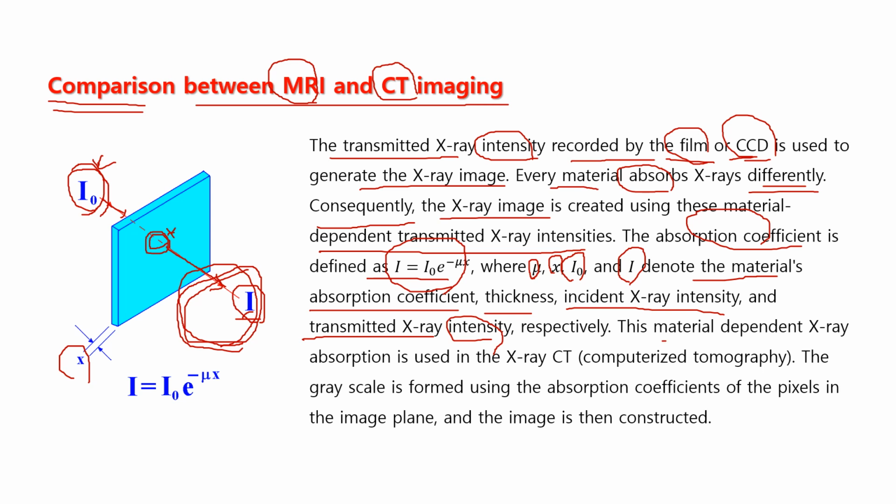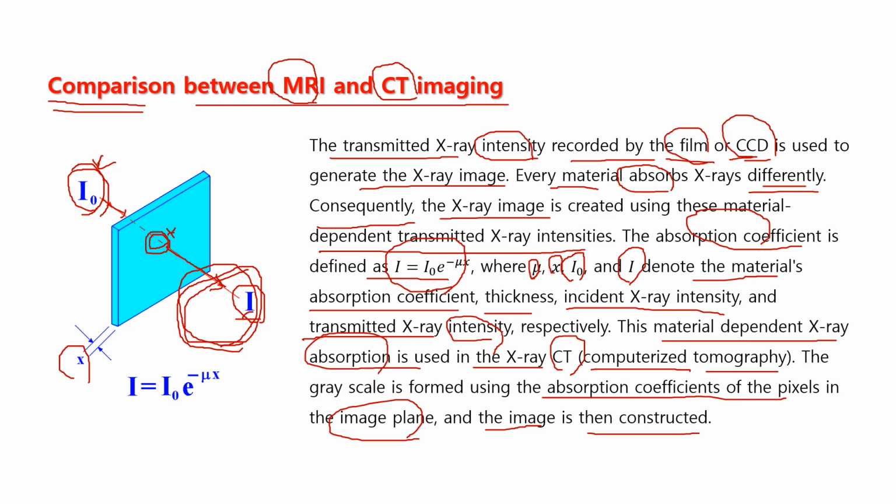This material-dependent X-ray absorption is used in X-ray CT. CT stands for computerized tomography. The grayscale is formed using the absorption coefficient of the pixels in the image plane, and the image is then constructed.